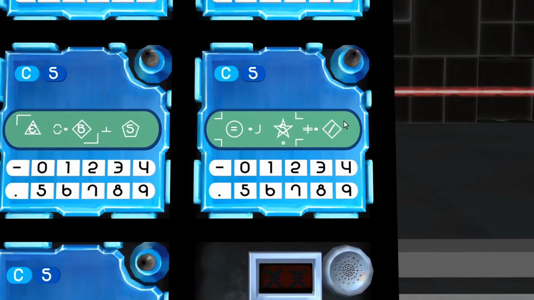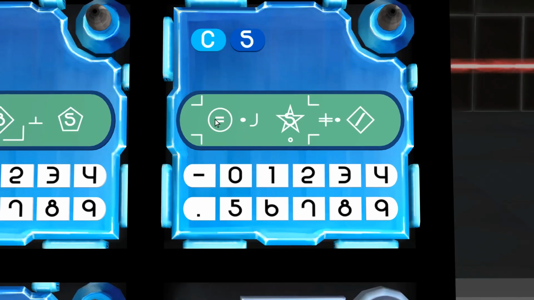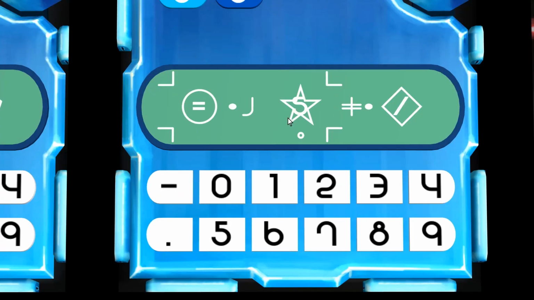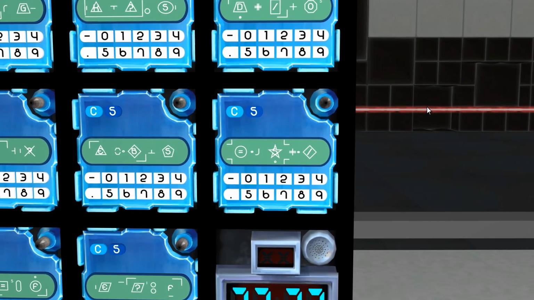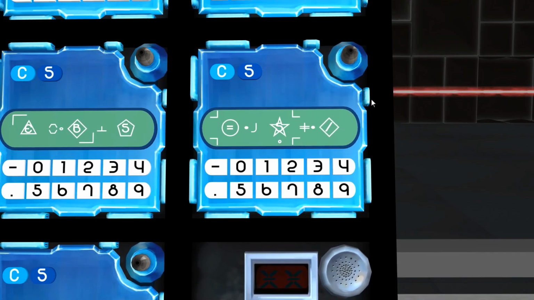Whenever you have an encrypted equations module, there's always going to be three symbols, and then a quote-unquote letter inside of the shape. I say quote because sometimes some of the letters are just equal signs, some of them are slashes. It's whatever. But let's actually go on to defusing it.